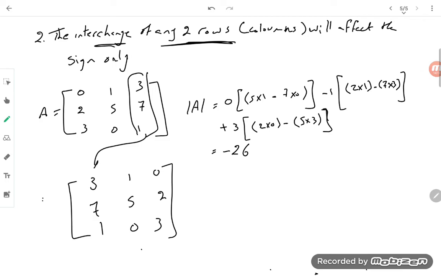This is row number 1, column number 1 instead of column number 3, and this is number 3. If you calculate the determinant in this case, it will be 26 instead of negative 26.